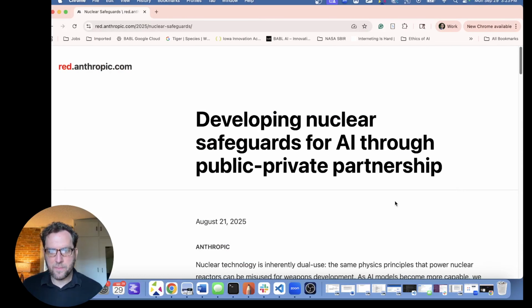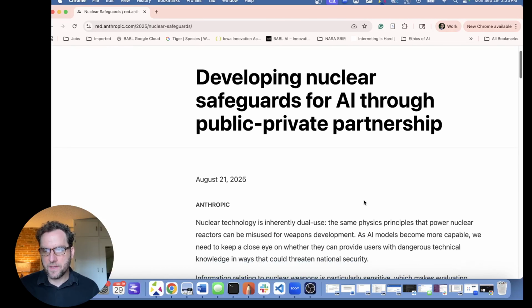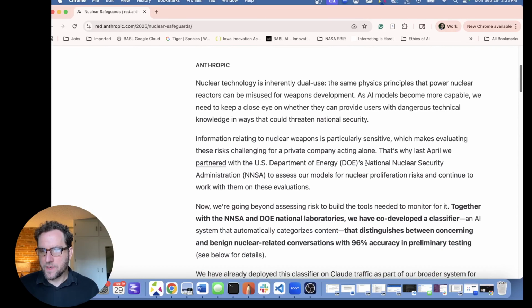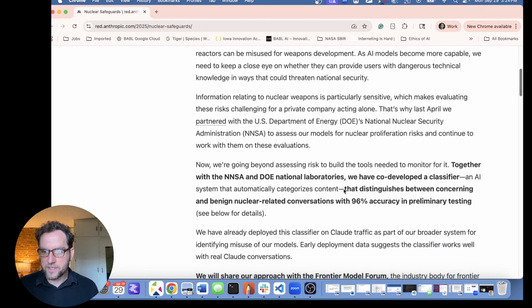So here's an example from Anthropic. This is quite recent. Developing nuclear safeguards for AI through public-private partnership. Here, Anthropic partnered with the National Nuclear Security Administration, or NNSA, to assess models for nuclear proliferation risks and continue to work with them on different evaluations.